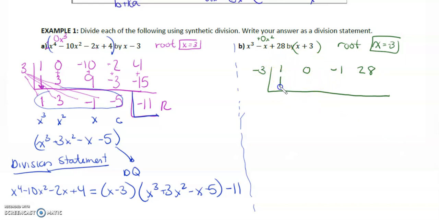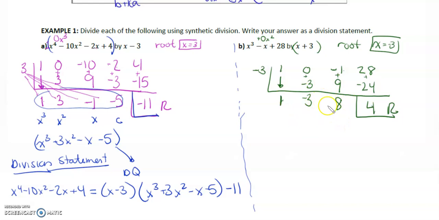No matter what, the first term just comes down. This is a 1, and negative 3 times 1 is negative 3, and now add. Negative 3 times negative 3 is 9, and 9 plus negative 1 is 8. Now, negative 3 times 8 is negative 24. Add these, we get remainder 4.